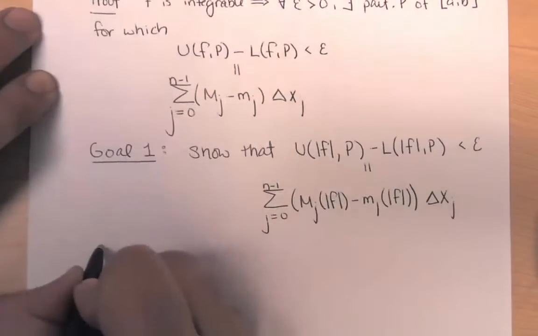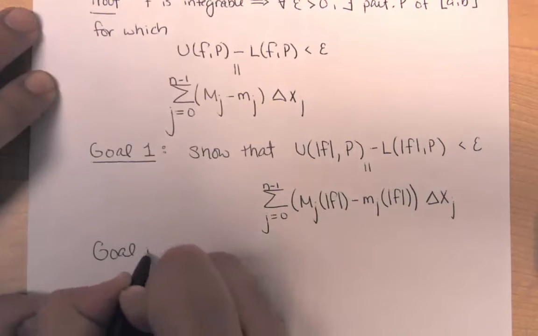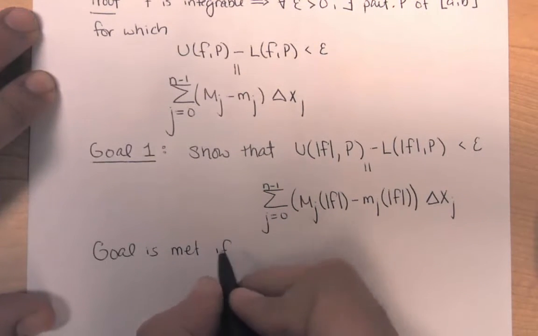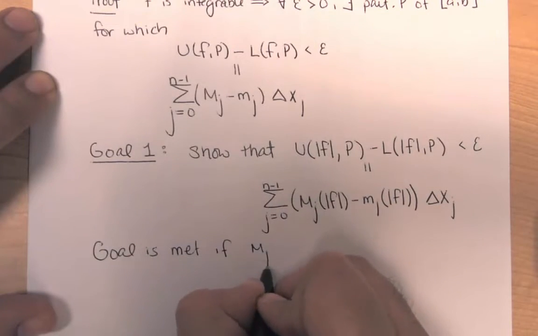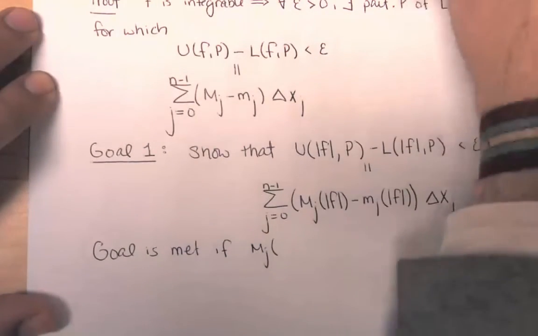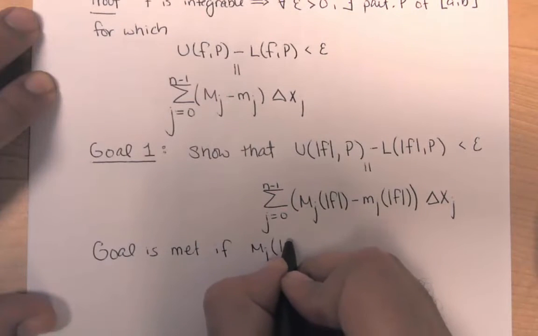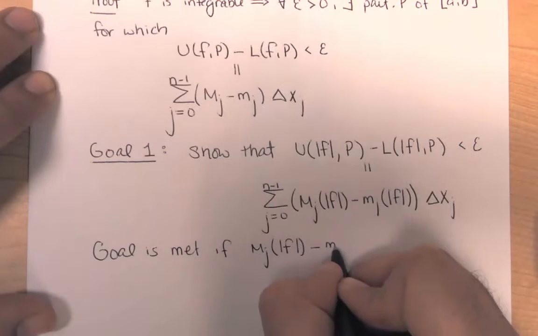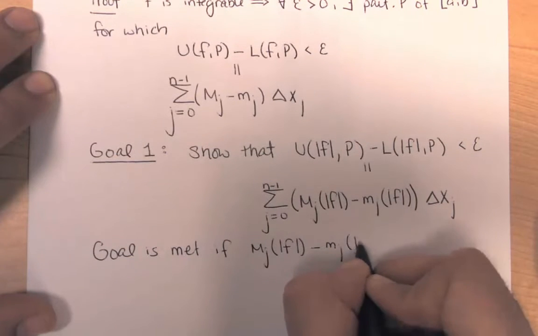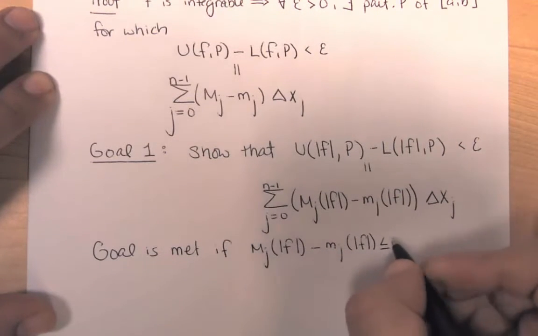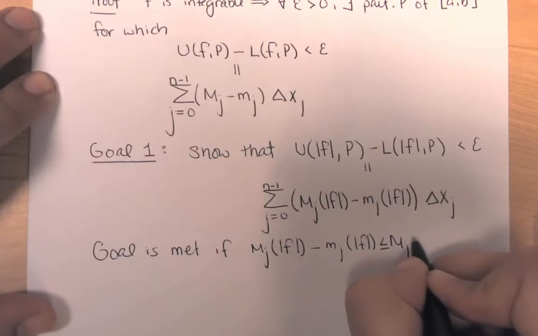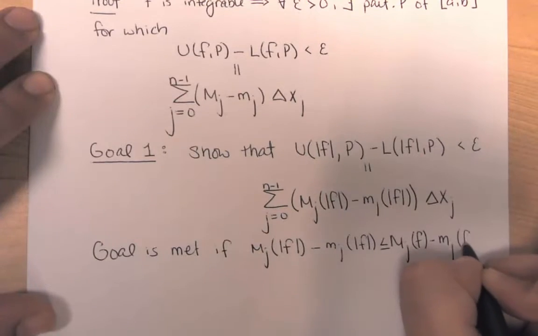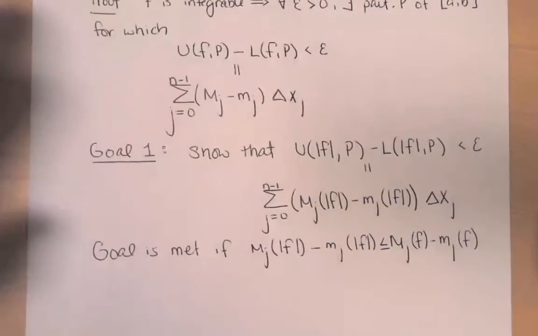In other words, my goal is met if big Mj of the absolute value of f minus little mj of the absolute value of f is less than or equal to big Mj of f minus little mj of f.